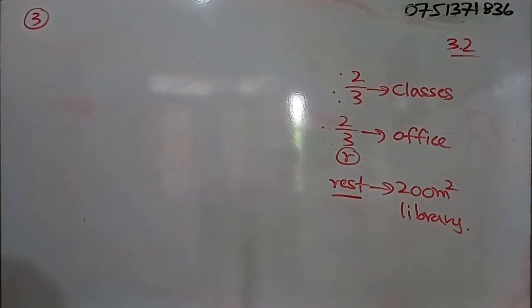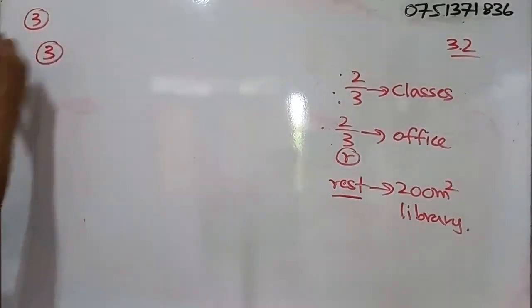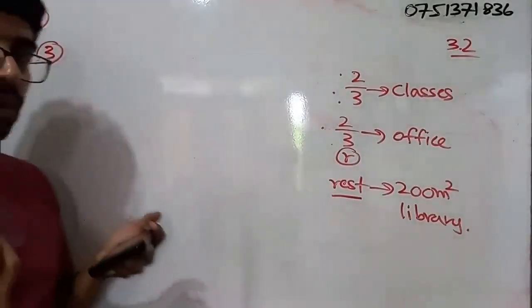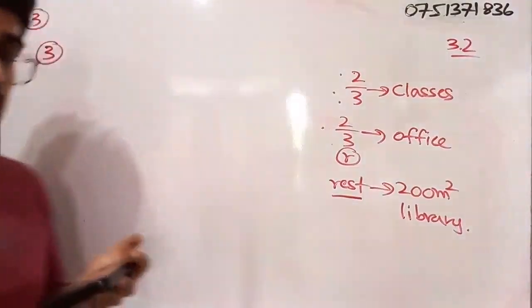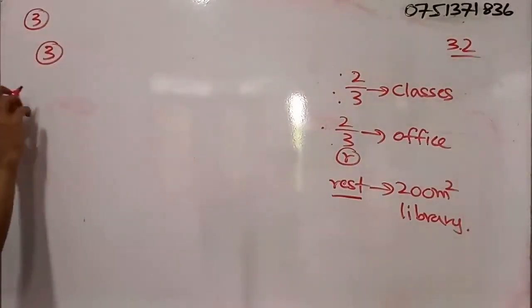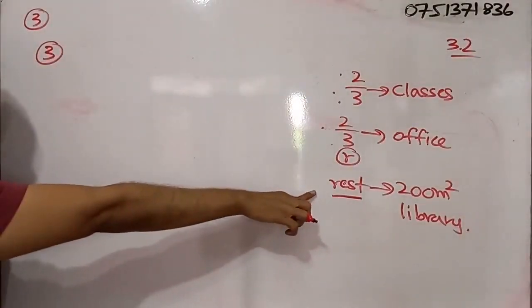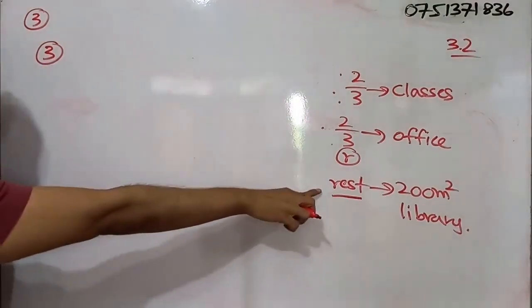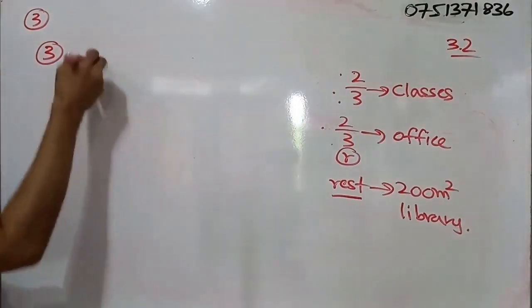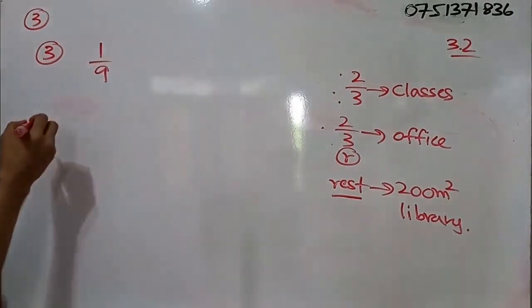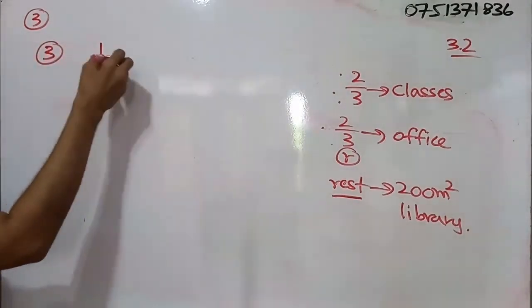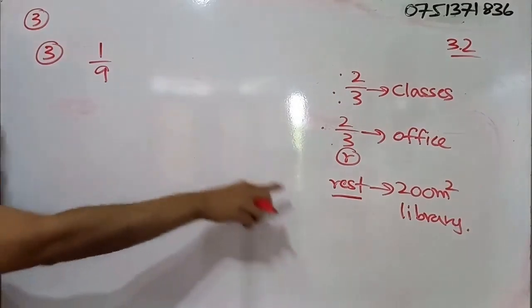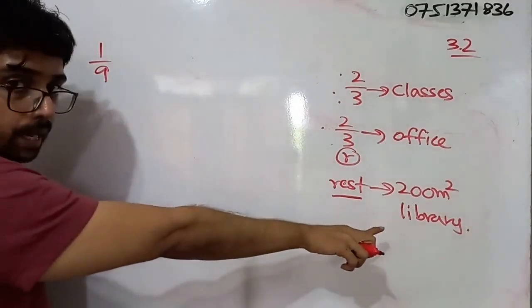Right. So the third part, find the floor area of the hall. So we need to calculate the whole floor area. We know from the previous part that 1/9 is the amount of floor area reserved for the library.